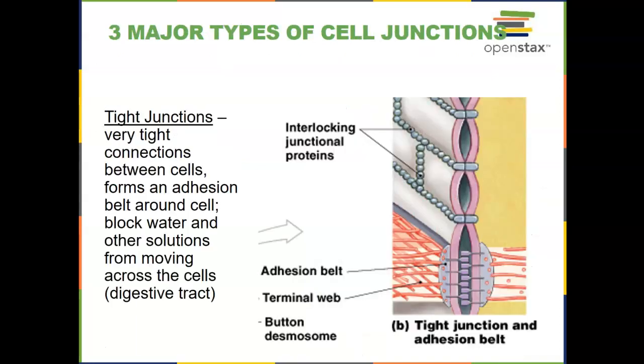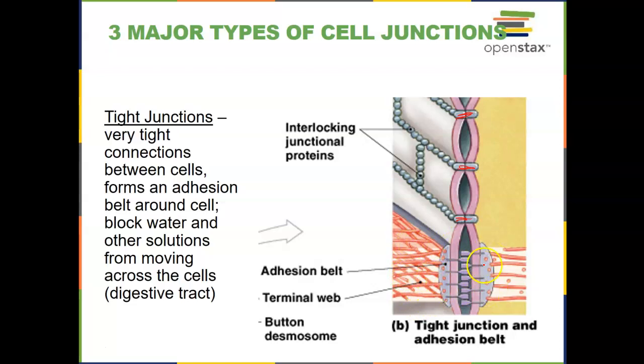So tight junctions are the ones up high. They have interlocking junctional proteins, which basically act like little spot welds between the two cells. You cannot separate these cells easily. And then you have the adhesion belt associated with the adhesion webbing here, okay, the terminal web.